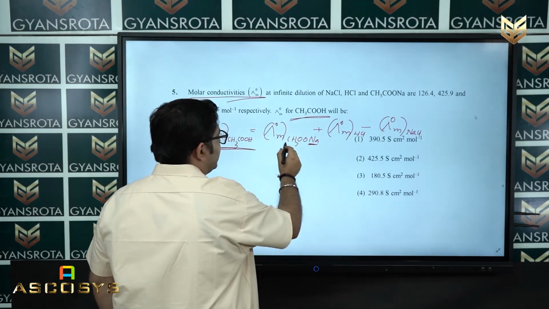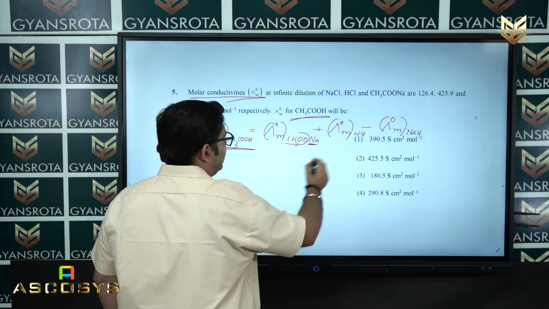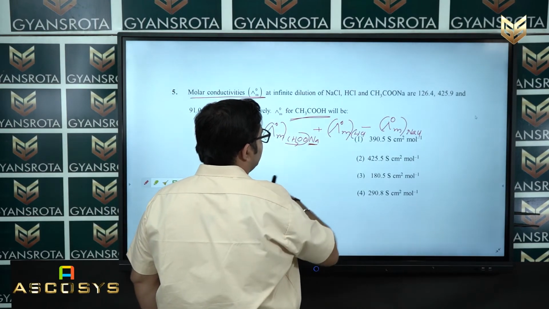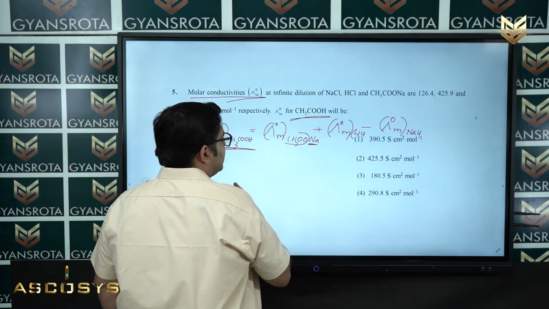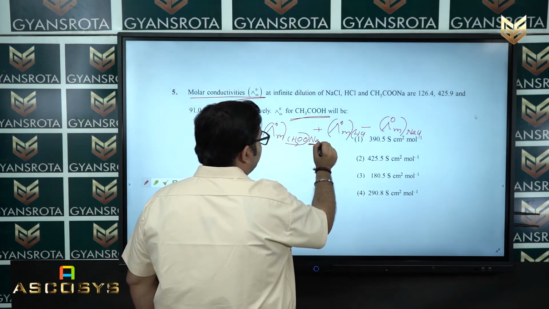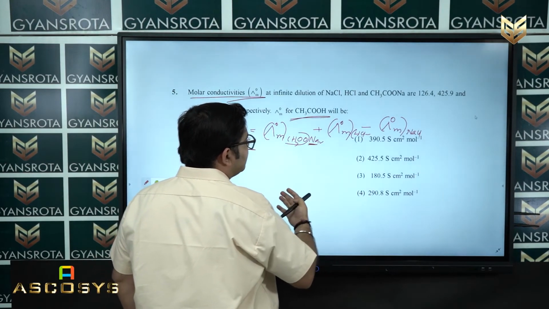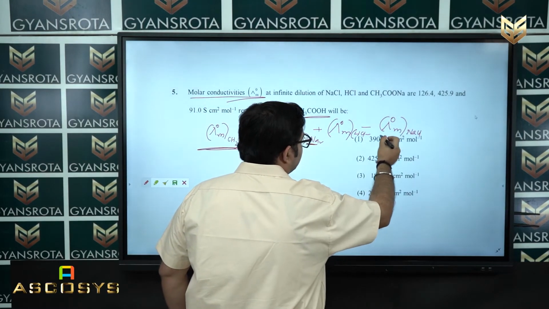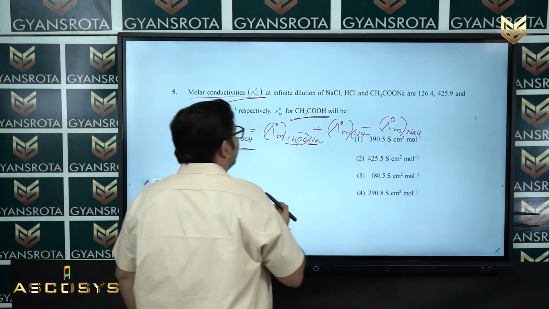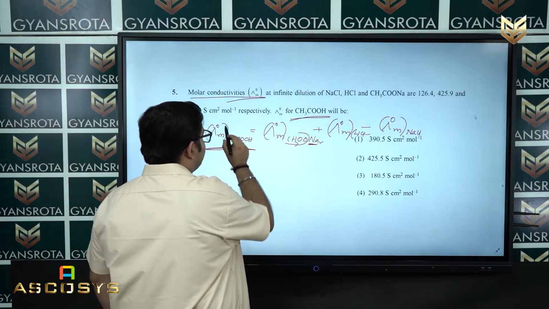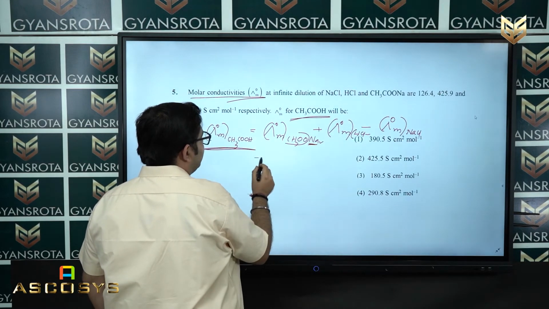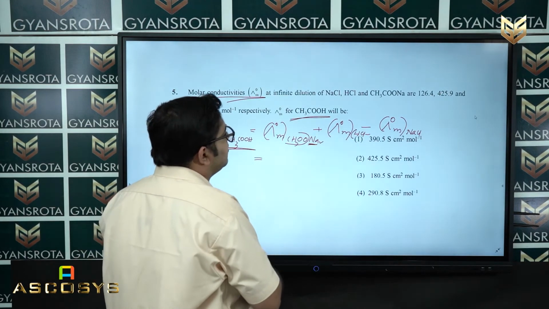Now if you see, CH3COO and H will give you CH3COOH, but we have to leave out two parts, that is Na and Cl. To remove this Na and Cl, that is NaCl, we have to subtract the value of NaCl, and at the end we obtain the molar conductivity of acetic acid, CH3COOH.